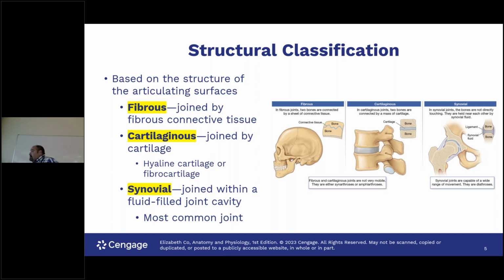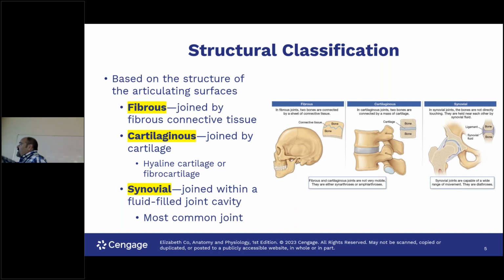And you're seeing here that with the fibrous structural classification, fibrous connective tissue is what joins these bones. And again, when we're thinking of articulation, we're thinking of a bone and a bone connected via some type of soft tissue. Cartilaginous is joined by cartilage.